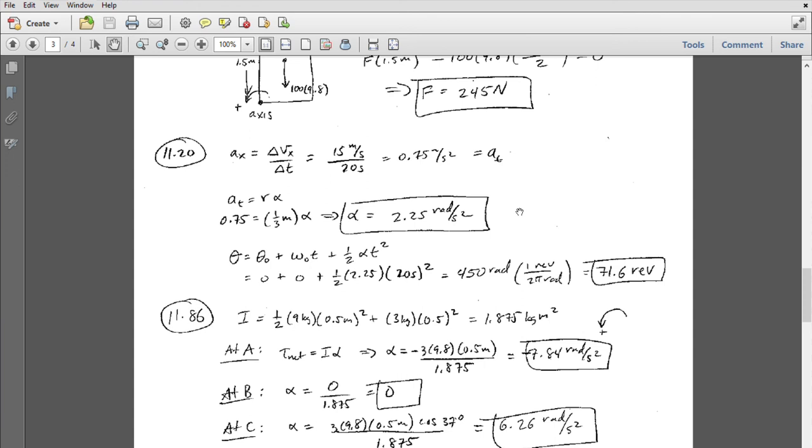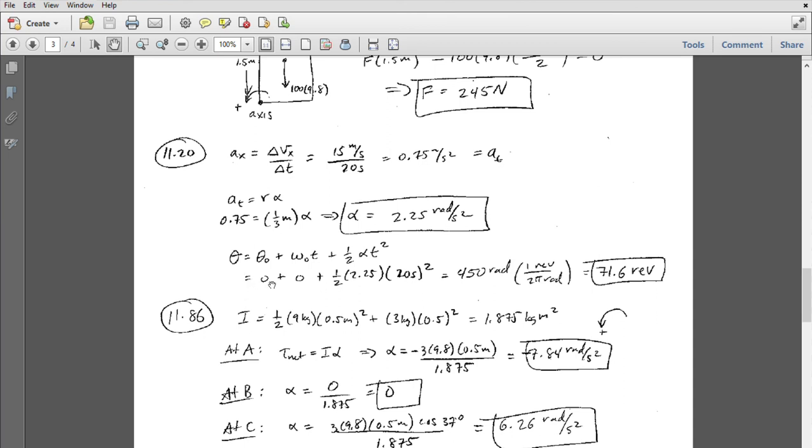But you've got to get alpha first, and then we're going to use our constant alpha kinematics to figure out how many revolutions the wheels turn through in this process. We're going to use theta versus t. We could also use the one that involves omega final squared and omega initial squared, but this is how I did it in this worksheet.